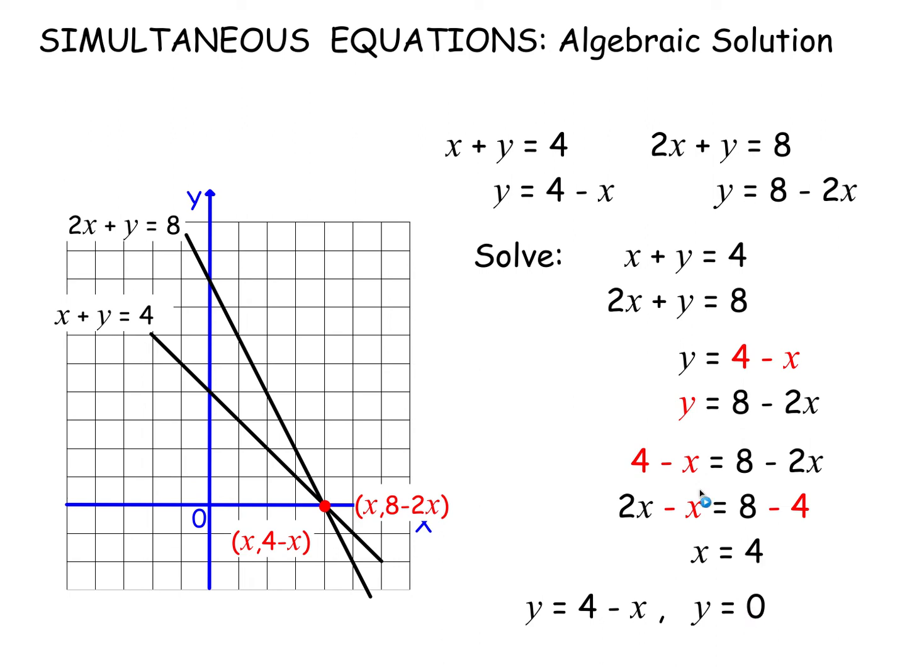What's happened is, here on the right, we've solved the system of equations by what we call substitution. If you look at this line where it says y equals 4 minus x and y equals 8 minus 2x, this red 4 minus x is the y coordinate. It replaced that red y in the second equation, so it became 4 minus x equals 8 minus 2x. That 4 minus x substituted for that y, so this is called the substitution method.